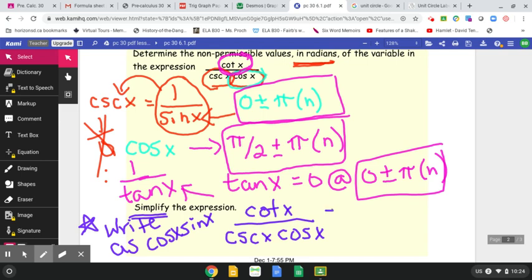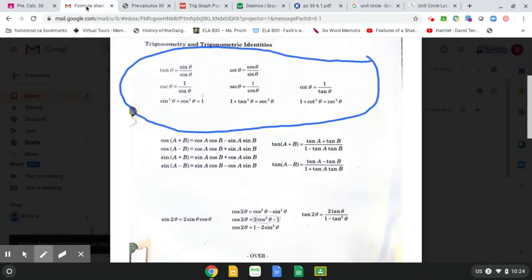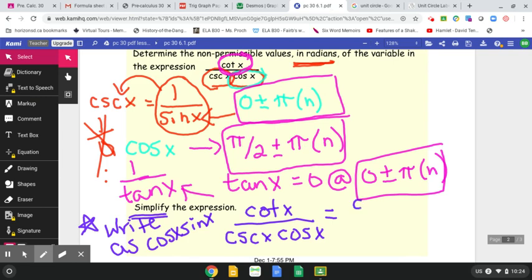Now, cotangent, can we write that as cos or sine? If you look at your formula sheet, cotangent is cos over sine. So we're going to say cos x over sine x. That is just cotangent.